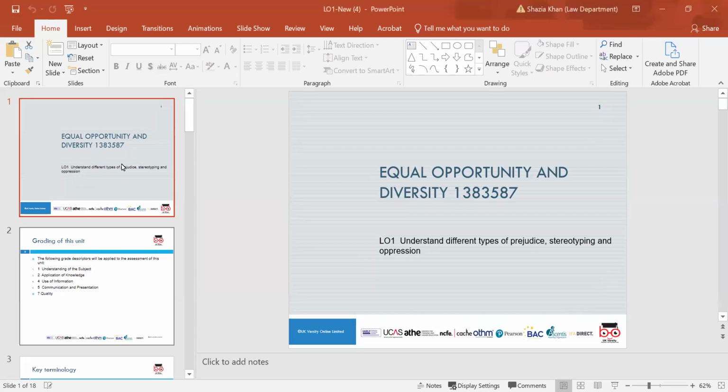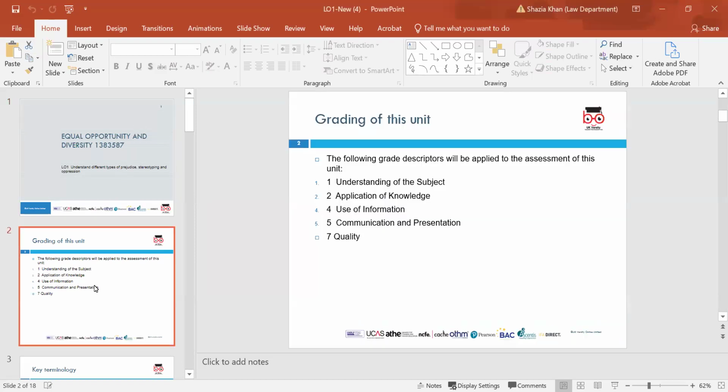Okay. So just carrying on with learning outcome 1, the following grade descriptors will be applied to the unit grading. Understanding the subject, what the subject is asking you, understanding the assessment criteria, understanding the application of knowledge, the use of information, communication and presentation, and the quality as well.